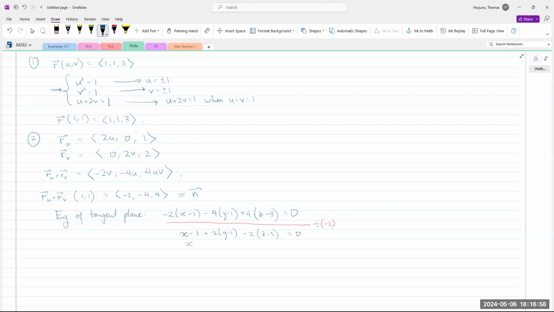So that's x minus 1 plus 2y minus 2 minus 2z plus 6 equals 0. So x plus 2y minus 2z equals negative 3. Okay, so that's the equation of the tangent plane.